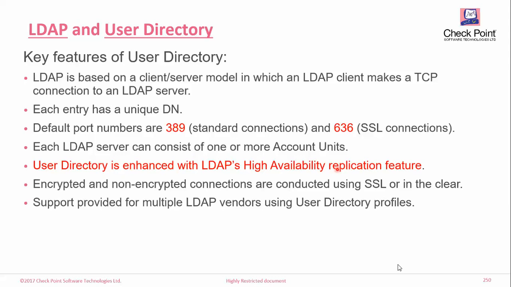So say the one in closest proximity has the highest priority, so it's going to check for the user there. Doesn't find the user there. Goes to the one with the next highest priority. Doesn't find it there. Goes to the third LDAP server. Still doesn't find the user. So it's just going to fall to an external user profile then. Okay.